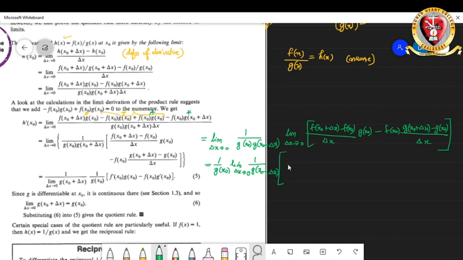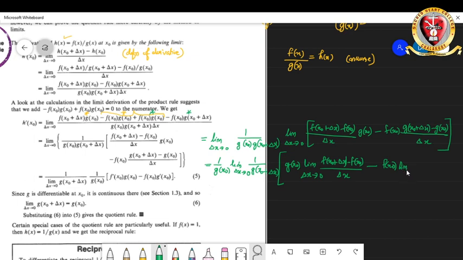So here you have g of x naught, you can take out, then you have limit delta x tends to 0, f of x naught plus delta x minus f of x naught, the whole divided by delta x, minus, here you can take f of x naught out because x naught doesn't have delta x.